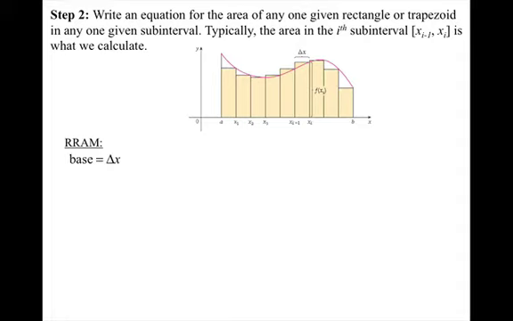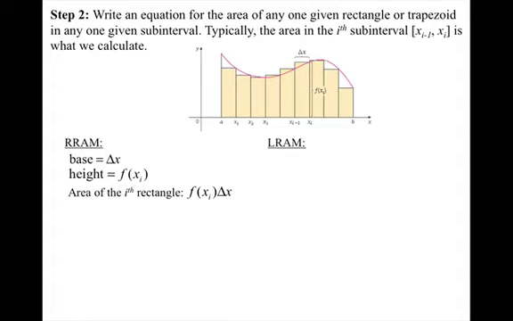The base is the change of x, the height is f of x sub i, because I'm using the right rectangle, so I'm using the right endpoint of that interval. So then the area of the ith rectangle would be f of x sub i times change of x.